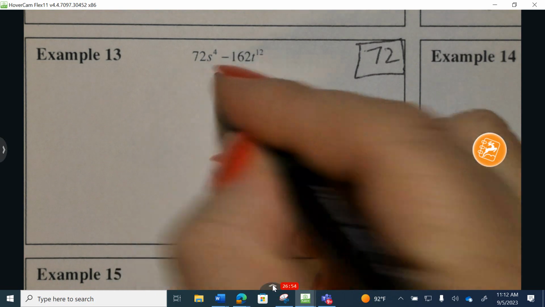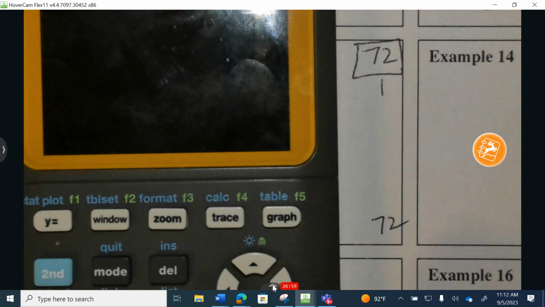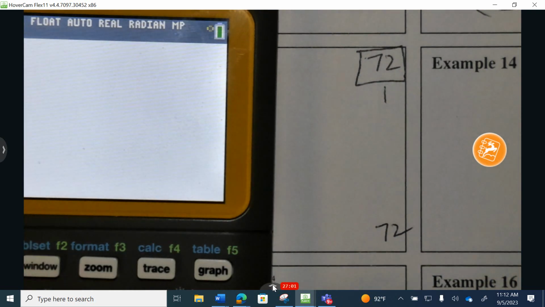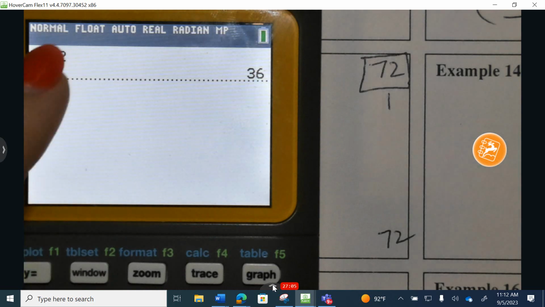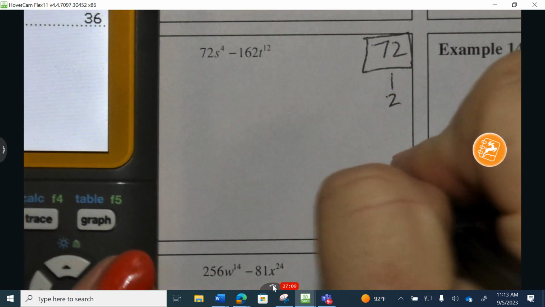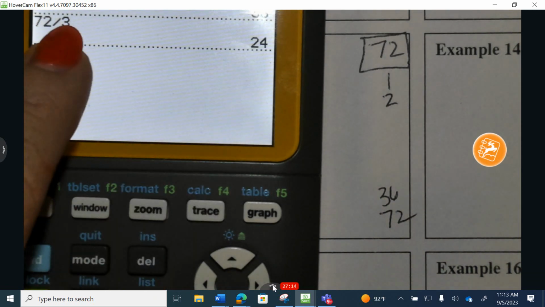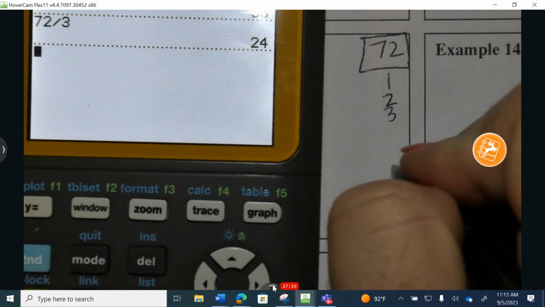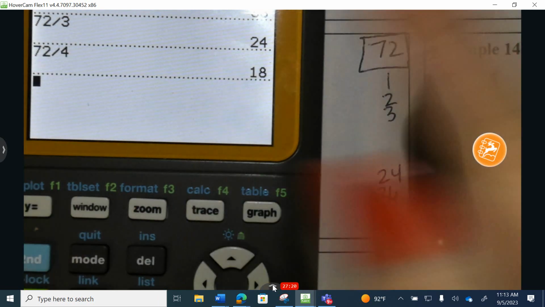But I want to come up with all the numbers that nicely go into it. So 1 and 72. Now, if you don't have great number sense and you're like, I just don't know those numbers, okay, then bring this back up. Let's divide it by 2. If I get a nice whole number, then I need to include both of these numbers. So I need to include 2 and 36. Divide it by 3. If I get a nice whole number, like I did, I need to include 3 and 24. Divide it by 4. I need to include 4 and 18.